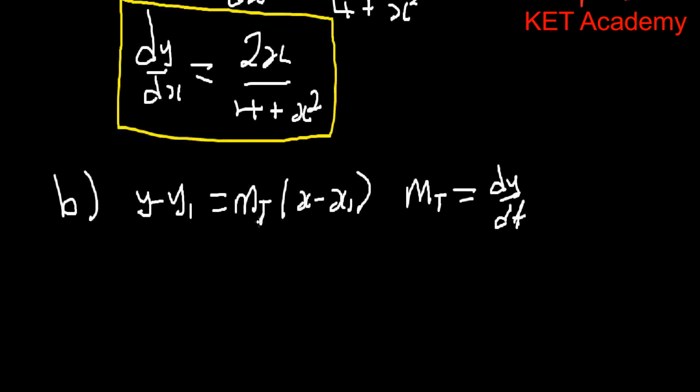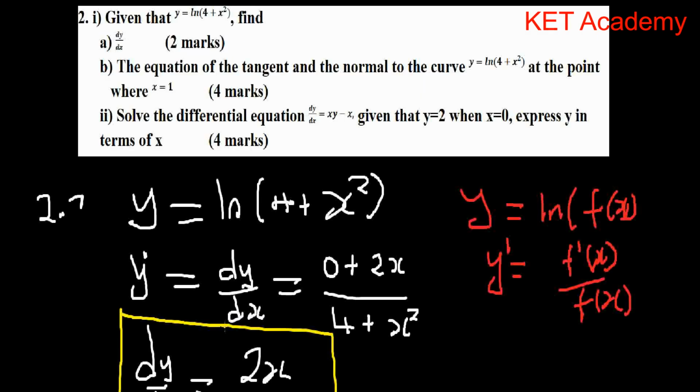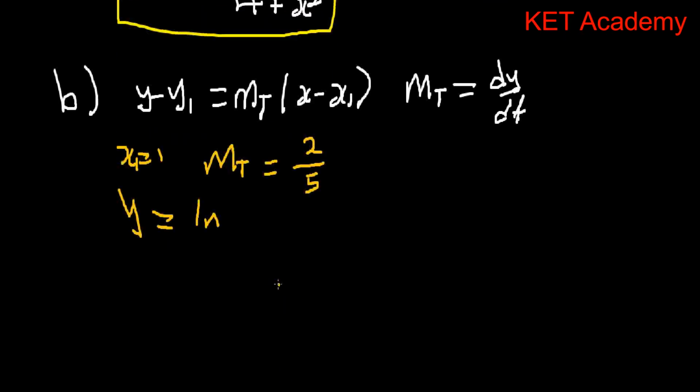So we already have our mt. From the above, we know that if x is equal to 1, therefore mt will be equal to 2 divided by 5. So that's our mt. Now to get our y1, so this is actually our x1, we simply substitute into y equals ln of 4 plus x squared.